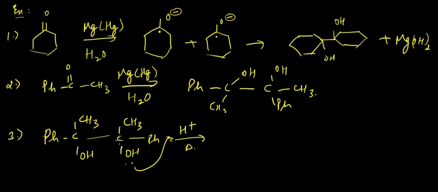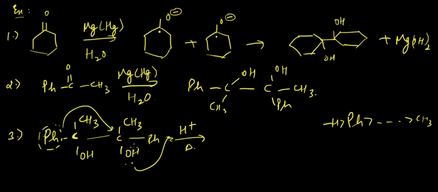Now what will happen next is we'll have some migration from substituents attached to this carbon atom, and we know that the order of migration is something like this, and in the last comes CH3, hence Ph would be the first one to be migrated. So what will happen is Ph will migrate over here onto this.